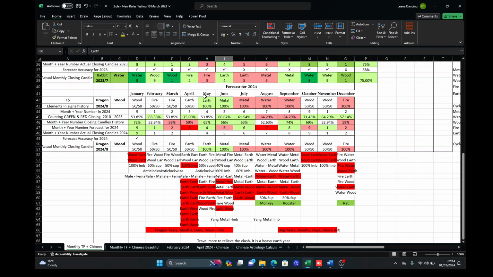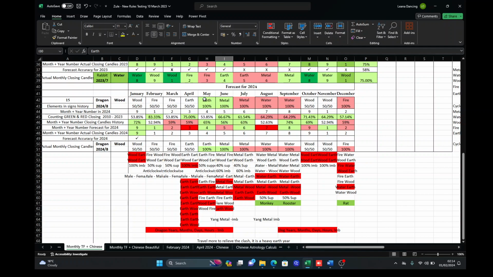The combination between yin and yang elements always has better results than the combination of two yin or two yang elements that are incompatible.